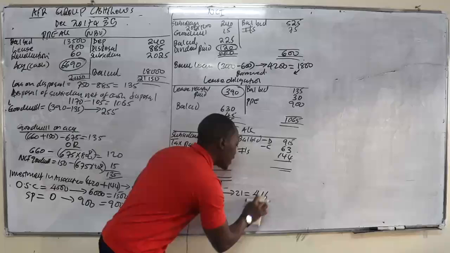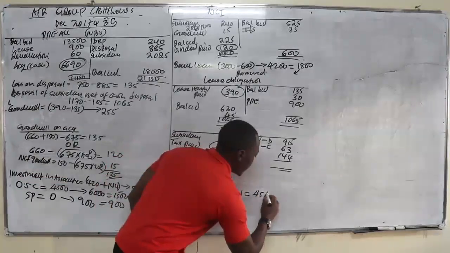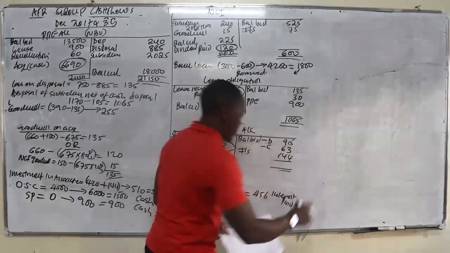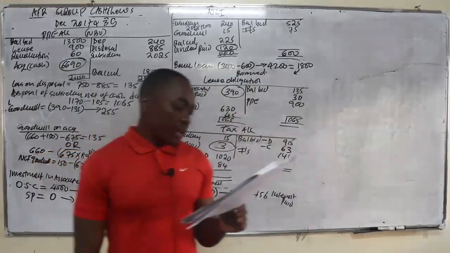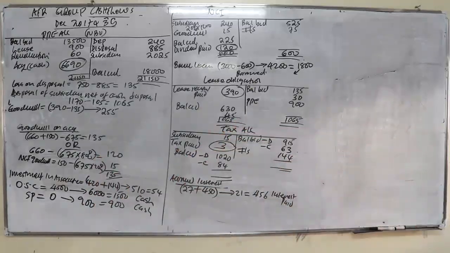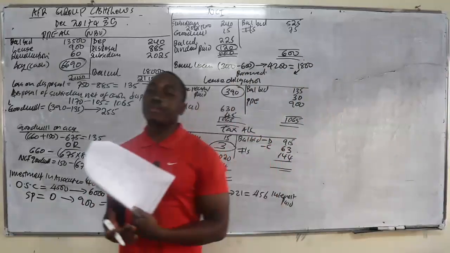What is that? That's the interest paid, 456. Then below the accrued interest, we have the current tax. Is it adjusted? Operation under finance lease, is it adjusted? Yes.